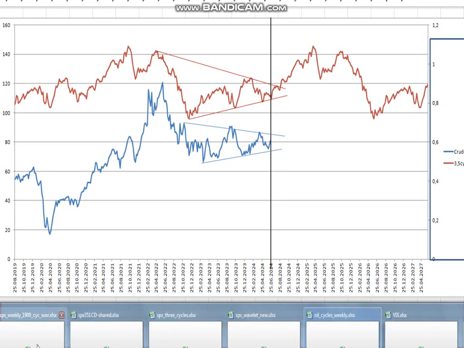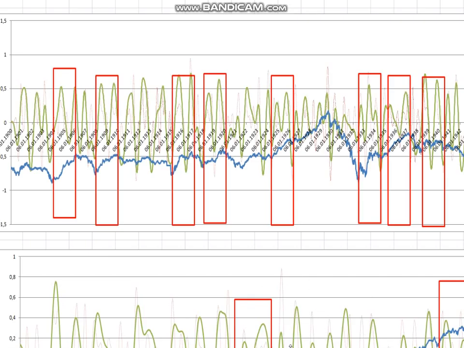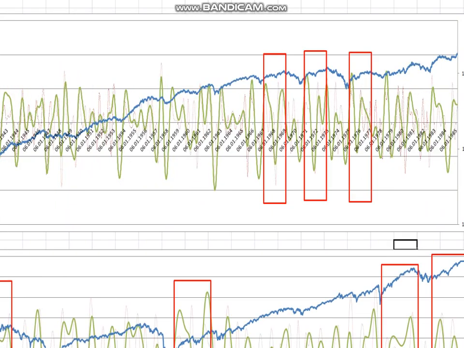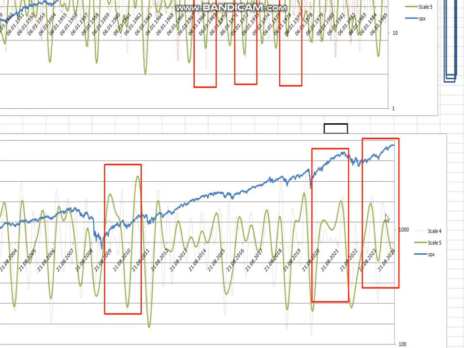I had for a long time an expectation that this current bull market will be an ABC bull market, and here I have a wavelet in green.